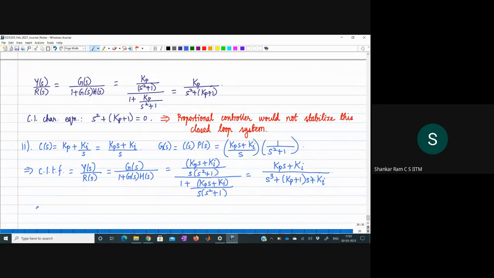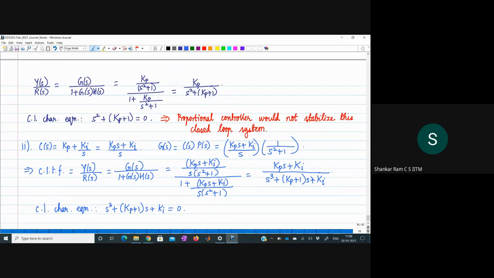So immediately we can observe that the closed loop characteristic equation in this case is s cubed plus Kp plus 1 times s plus Ki equal to 0. We can immediately see that this is a third order polynomial.